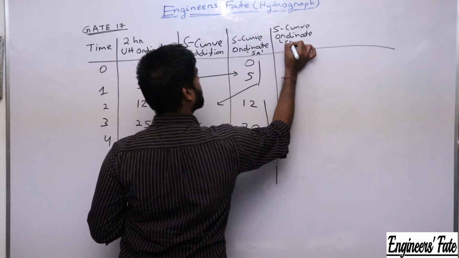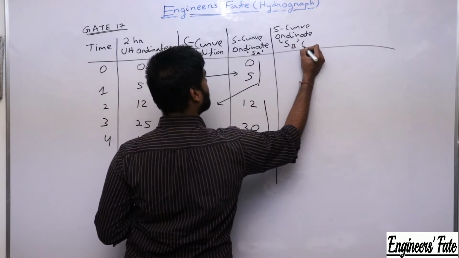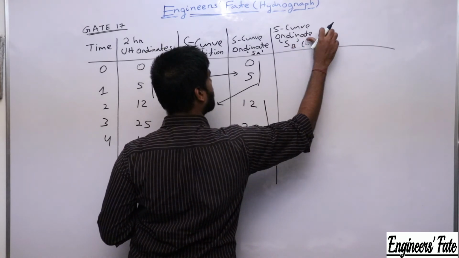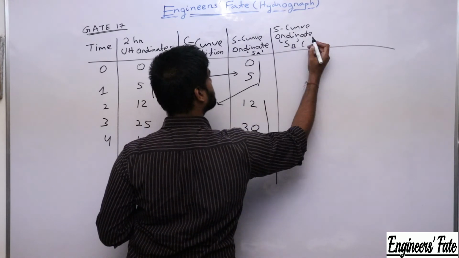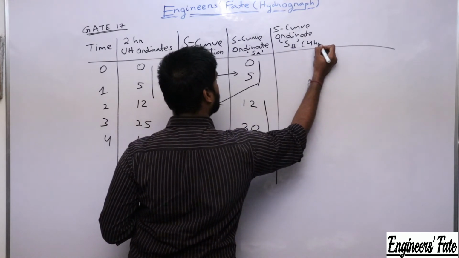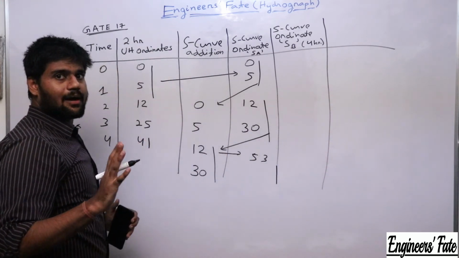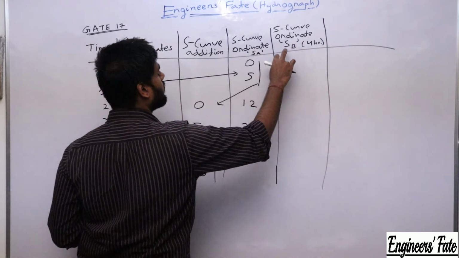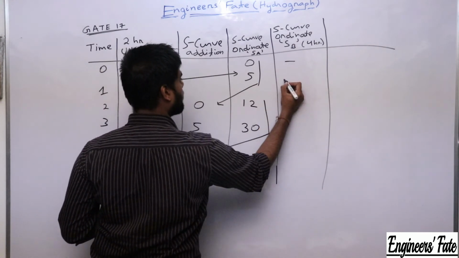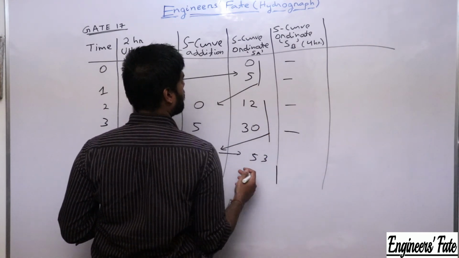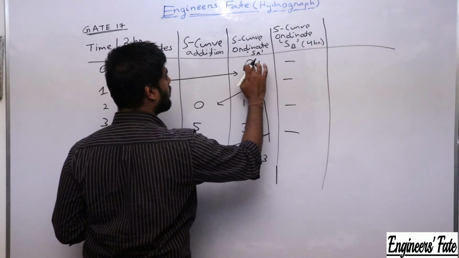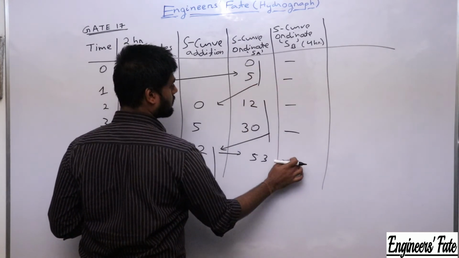So the next column is S-curve ordinate, SB. SB I have to find for the 4-hour unit hydrograph. So for 4 hour, I have to lag by 4 hours to find the S-curve ordinate. So just lag 4 times. After lagging 4 times, the ordinate of 0 will come to this.